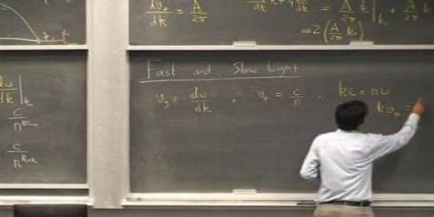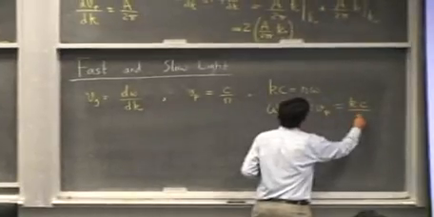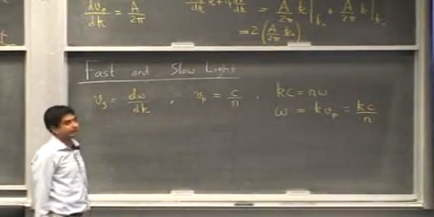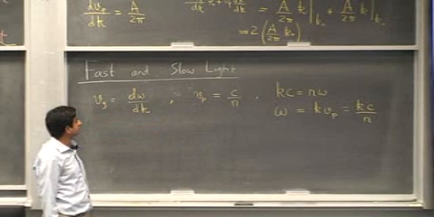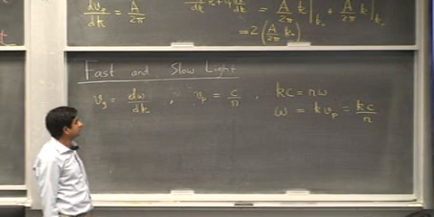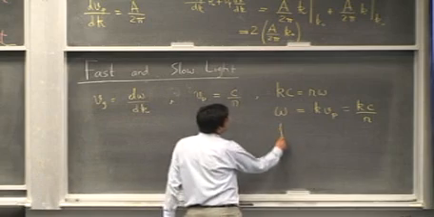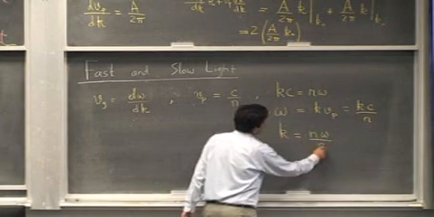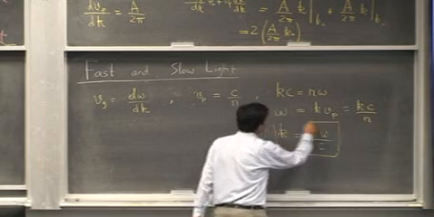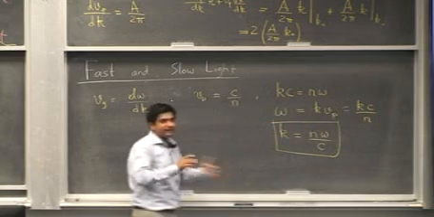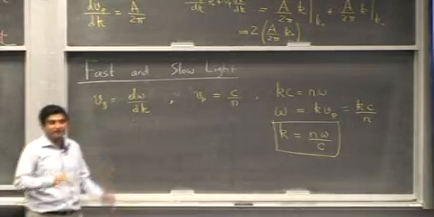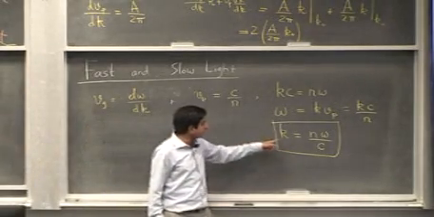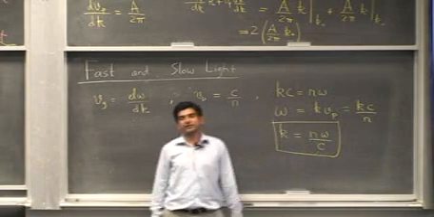And Vp is given by c over n, which means k is n omega over c. I'm just doing some jugglery with the variables because I would like to simplify the problem a little bit. So after these acrobatics, k becomes equal to n omega over c.